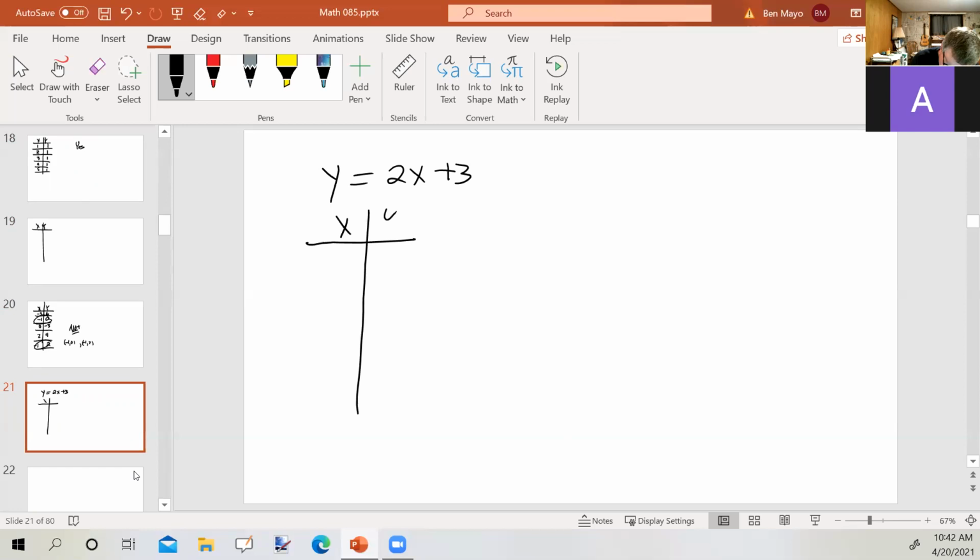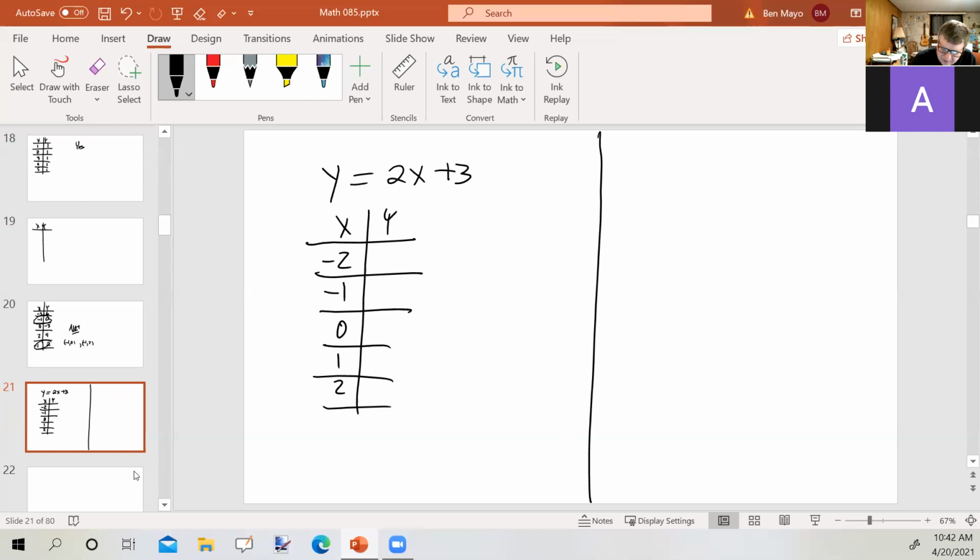Let's make a table. Let's take -2, -1, 0, 1, and 2. If x is -2, y would be 2 times -2 plus 3, which is -4 plus 3, which is -1. You okay with that? Any questions there? I'm just completing ordered pairs.